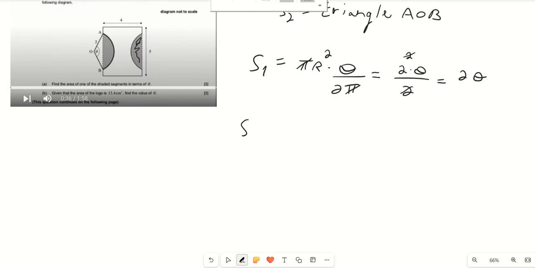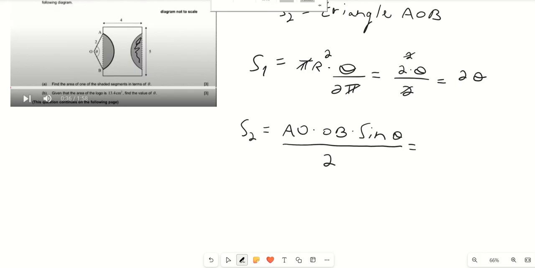Now for S2. S2 is the area of the triangle, and for that I can use the trigonometrical formula that says that the area of the triangle is AO times OB times the sine of the angle between the two sides, which is theta, divided by 2. And of course AO and OB are the radius of the circle, and each equals 2.